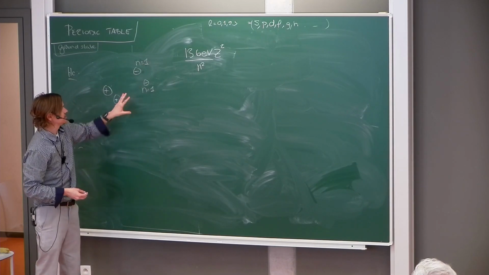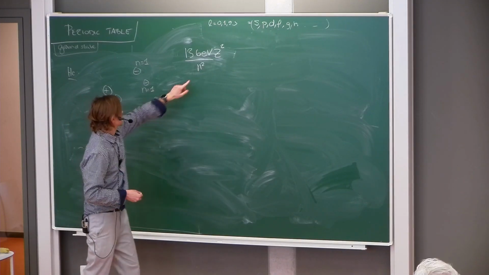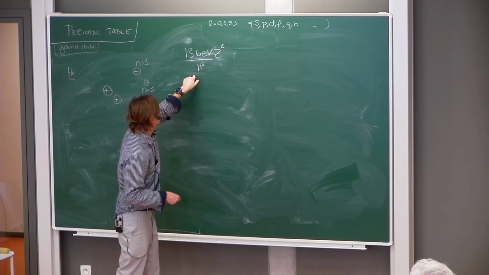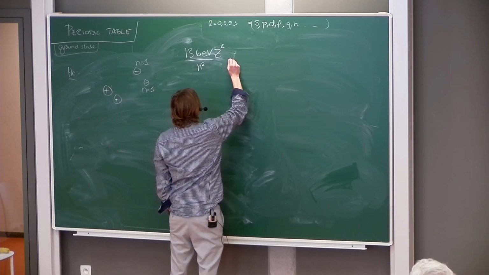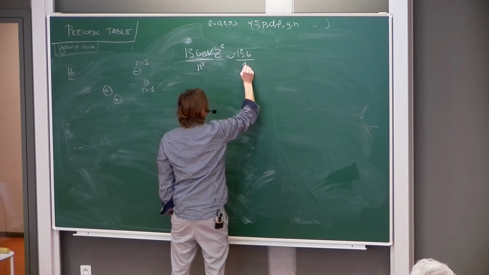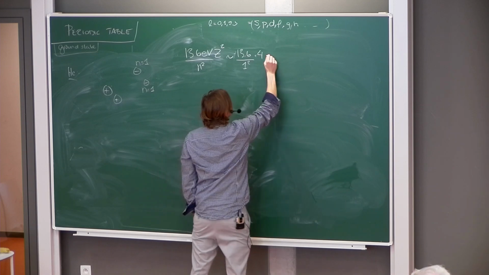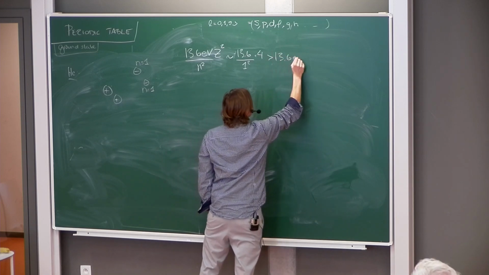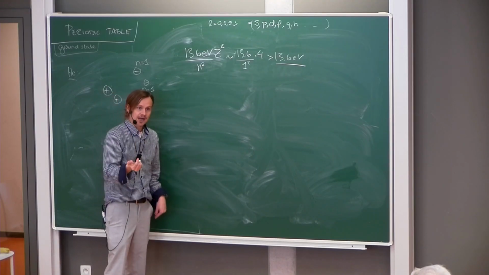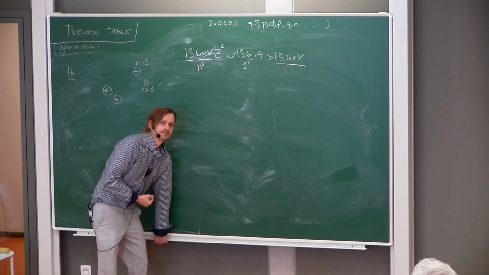But we can still use it now, and then we'll come back to it, to discuss qualitatively. Because now we see two charges in the middle, right? And n equals to 1, so we can see that this will be on the order of 13.6 divided by 1 squared times 4, which is much greater than 13.6 electron volt. And this tells you that helium is difficult to ionize. It requires more energies, right?